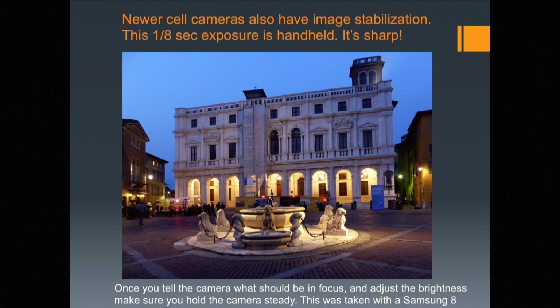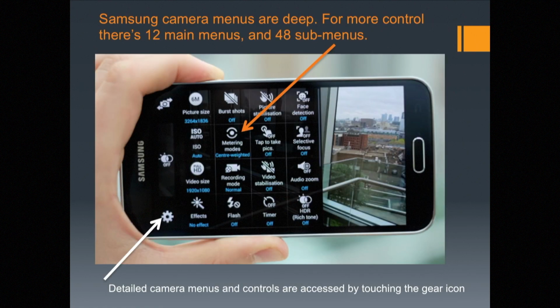Samsung cameras have very deep menus, and for more control, there's at least 12 main menus and 48 sub-menus on many Samsung cameras. You access those by touching that gear icon that appears on Samsung. As Samsung cameras get more and more modern, they're including less and less controls.